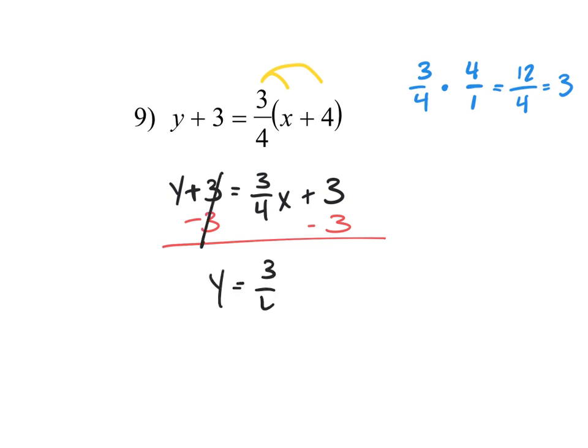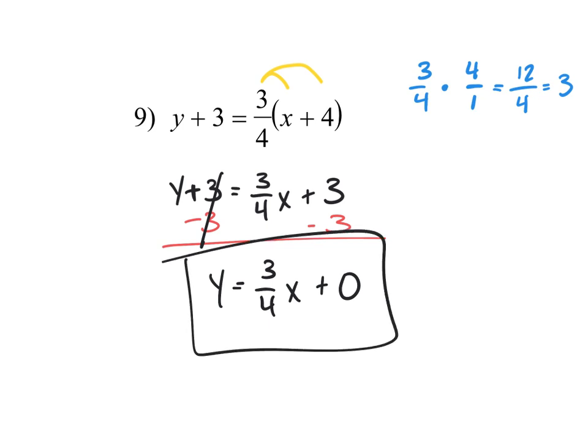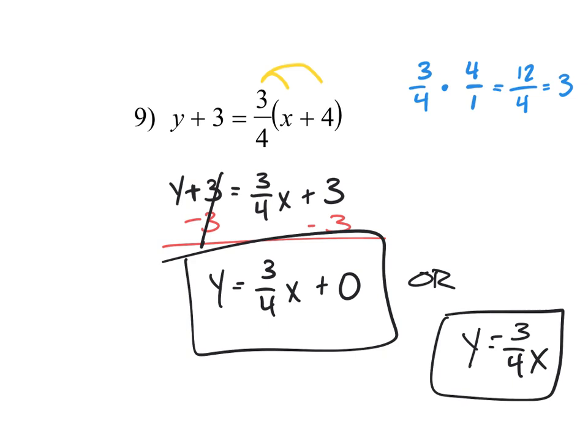Y is equal to 3/4 x. 3 minus 3 becomes 0. So you could leave it like this, or I'm going to be honest, you don't have to write the plus 0. So it could just be y is equal to 3/4 x. Either one of those would work. Okay? Questions?